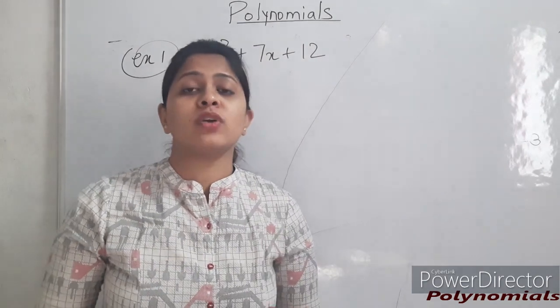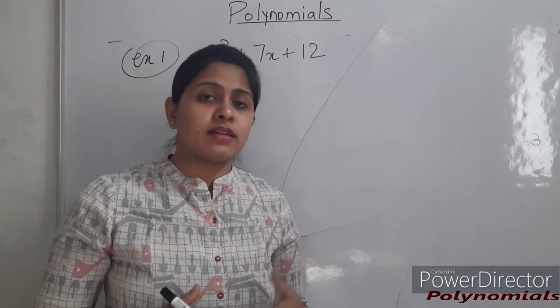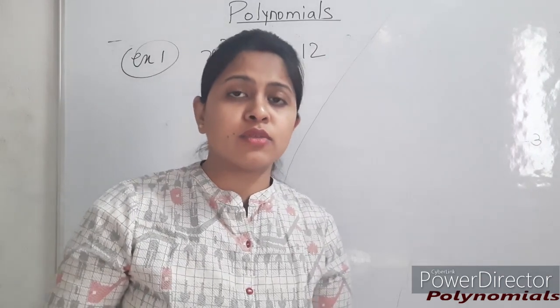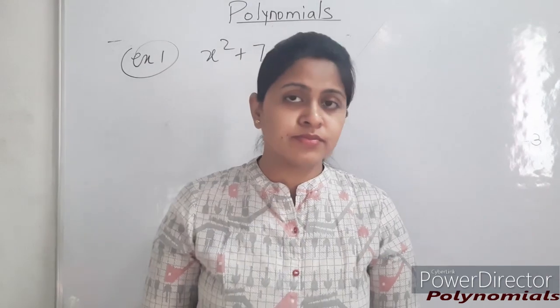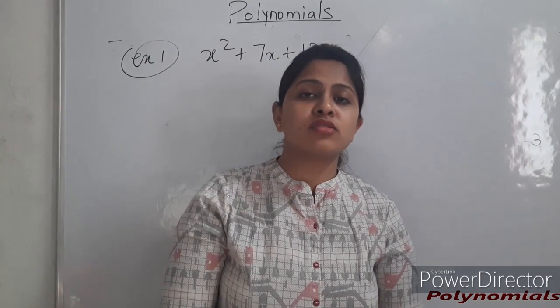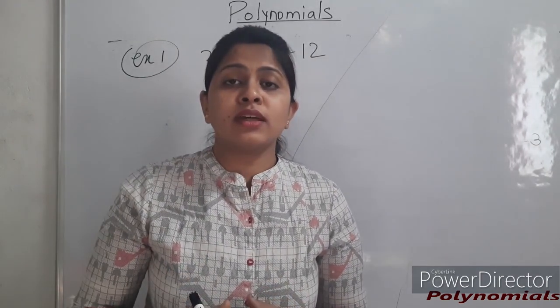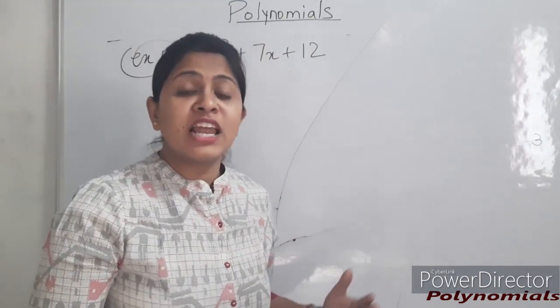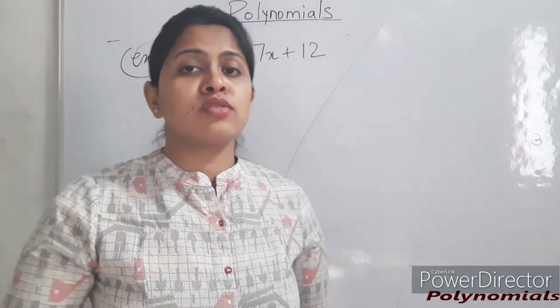Now in which way does the question come to you? An equation will be given and the question says: find the zeros of the polynomial. The first part is to find the zeros of the polynomial, and the second part is to verify the relation between the coefficients and the zeros of the polynomial.